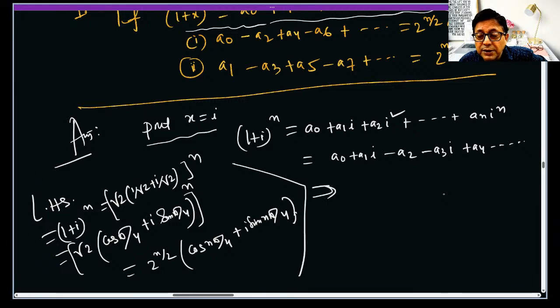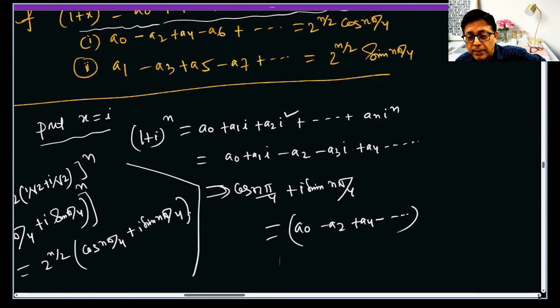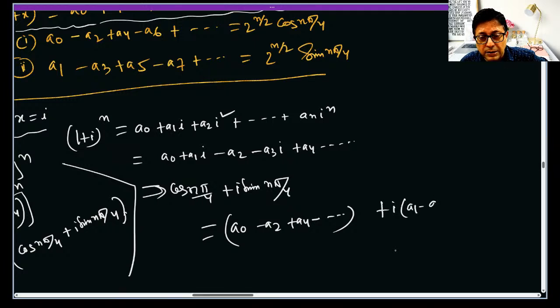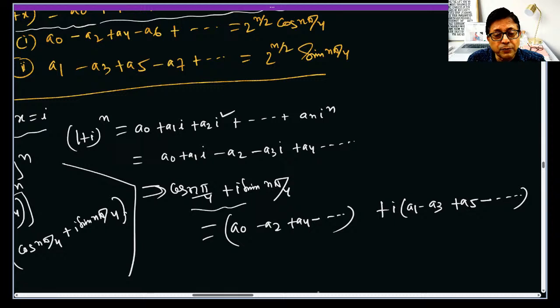So that you put here. Cos n pi by 4, left hand side, and how it is, I showed you there. I sin n pi by 4 equal to this thing plus, okay. So cos n pi by 4 plus I sin n pi by 4 equal to this.